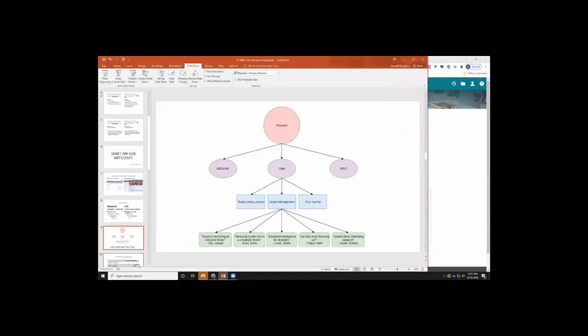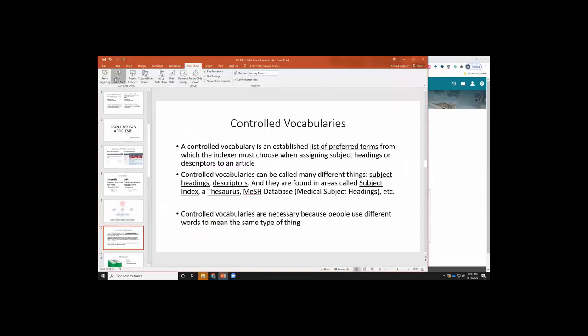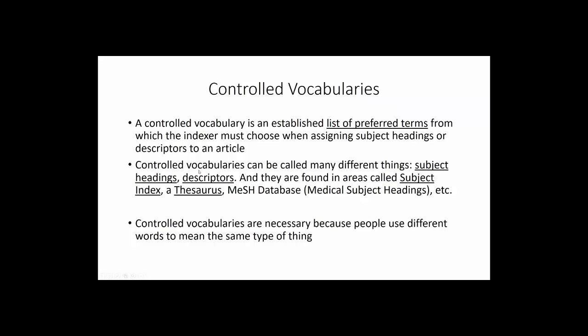So that brings us to controlled vocabularies. This is a concept you'll learn about in greater detail from your instructors, so I'm just going to give you a very basic introduction. A controlled vocabulary is a list of preferred terms from which the indexer must choose when assigning subject headings or descriptors to an article.